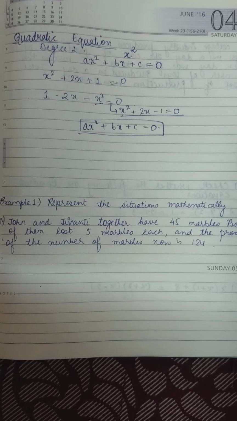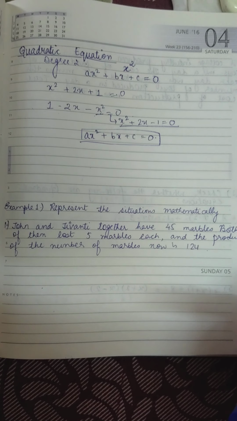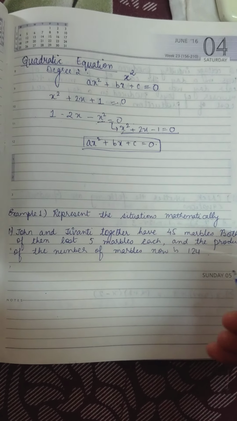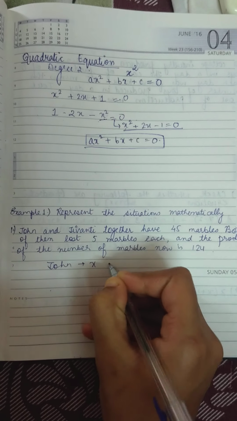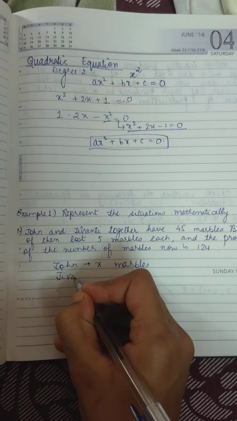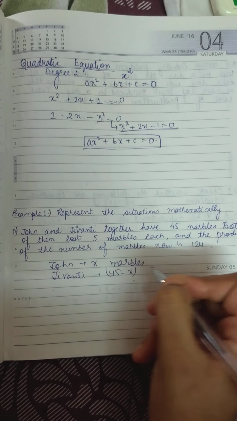So first we have to represent the situations mathematically. John and Jivanti together have 45 marbles. So if John has x marbles, Jivanti would be having 45 minus x marbles because the total is 45.